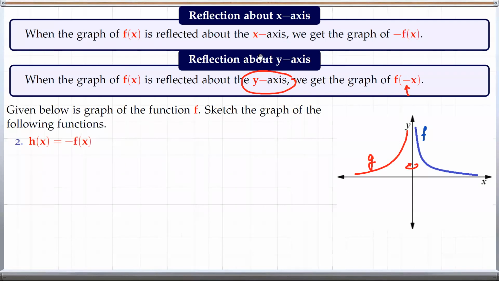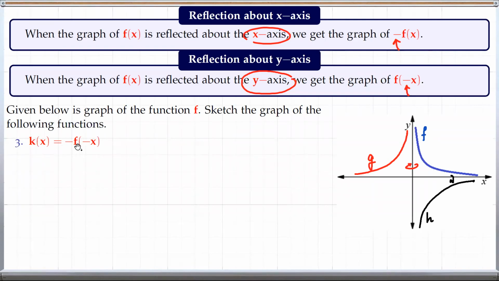And function h is negative f of x. So when you have negative all the way in the front, then we are reflecting about x-axis. So that means the graph of h will look like this one. When you reflect about x-axis, we get something like this. So this is the graph of h.